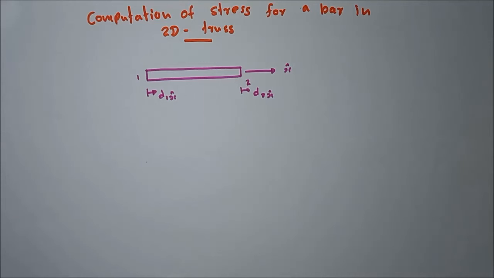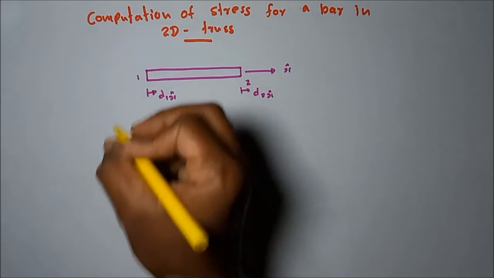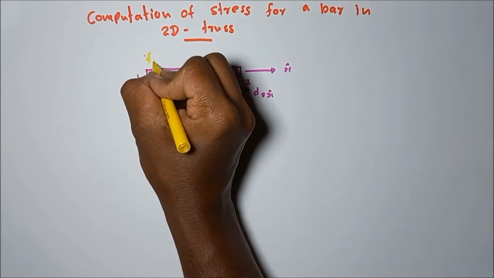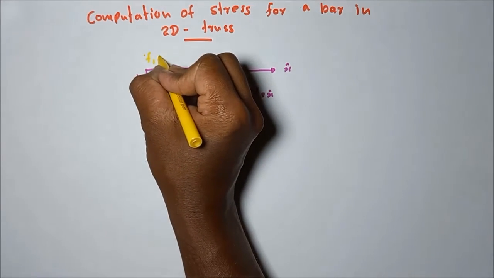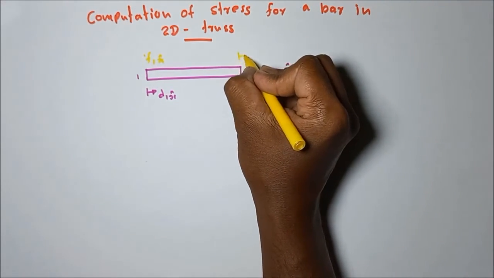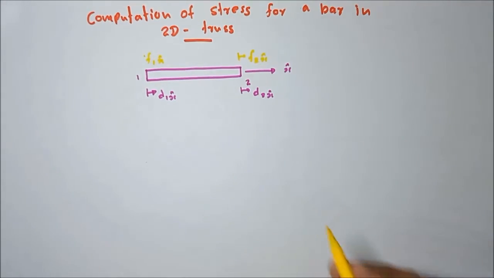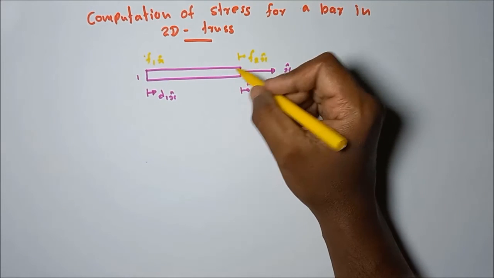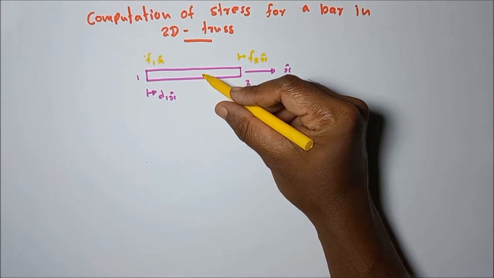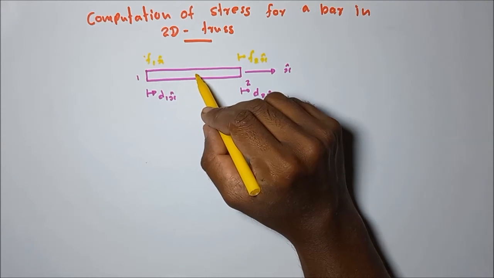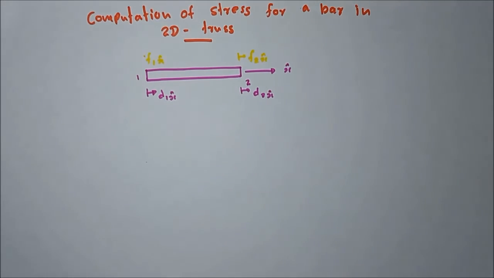The nodal force acting on node 1 on this element is f1 x hat, and the nodal force acting on node 2 on this element is f2 x hat. Okay.